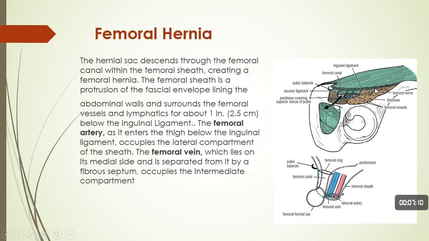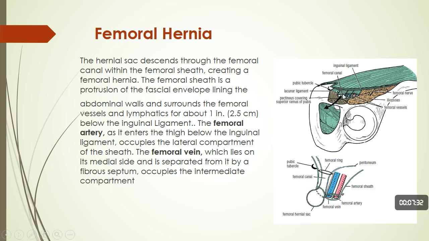It is lateral. In the femoral sheath, we have three compartments. One compartment is for the artery, it is lateral. The middle compartment is for the femoral vein. And medial to this, we have another compartment.